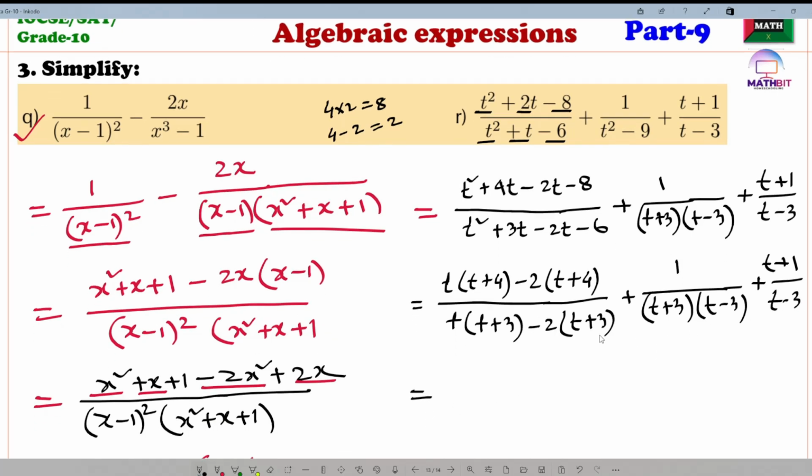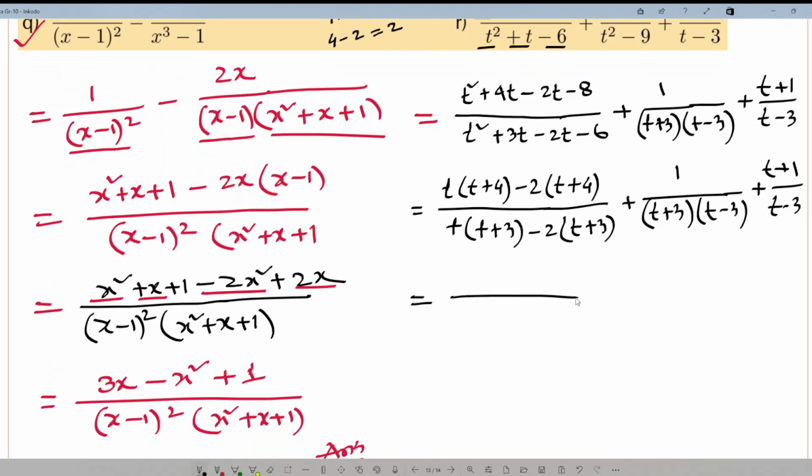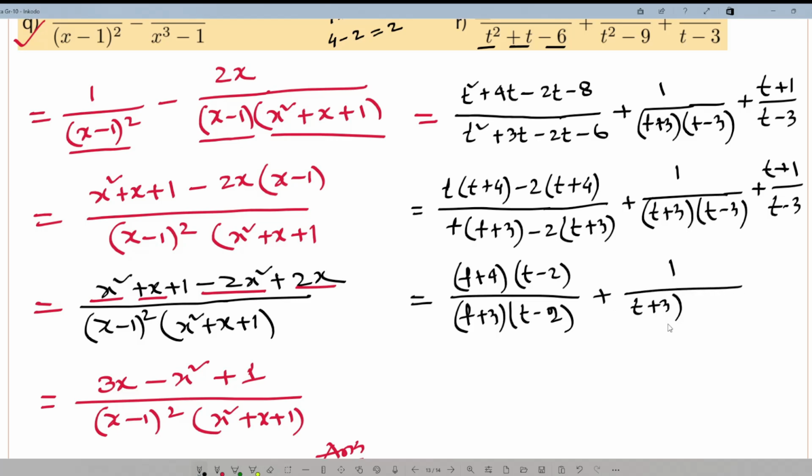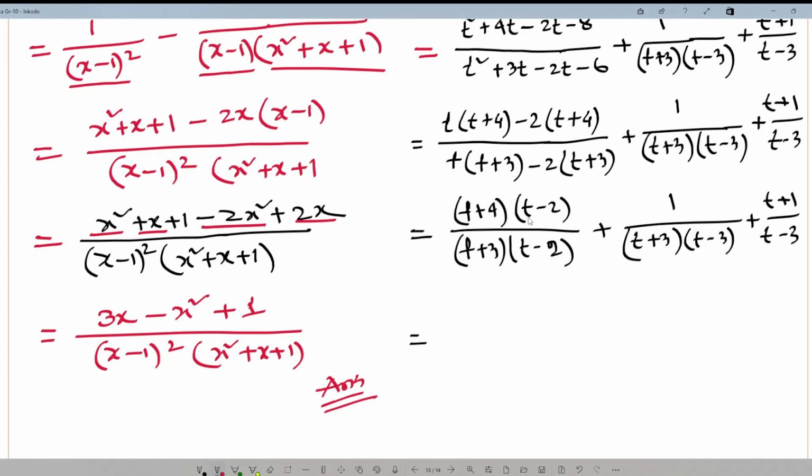Now look, t plus 3 times t minus 2, and t plus 4 times t minus 2.